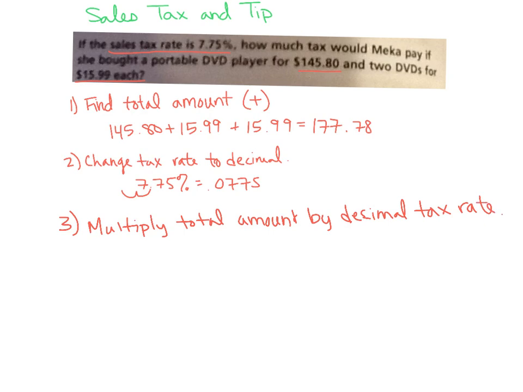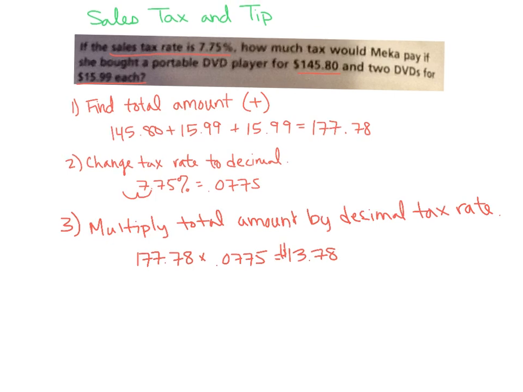So we have $177.78 times 0.0775, and that equals 13.777. So we're just going to do 13.78. So that's the tax.